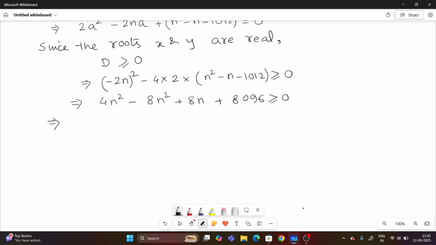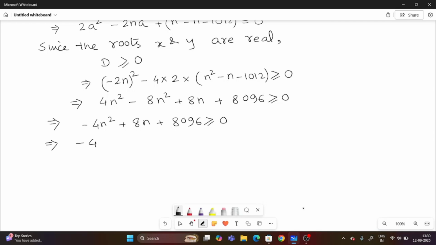So this can be written as minus 4n square plus 8n plus 8096 greater than or equal to 0.